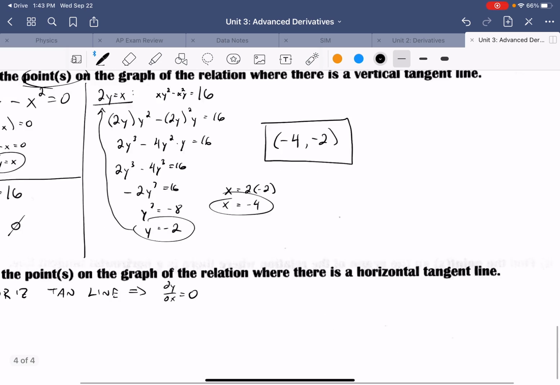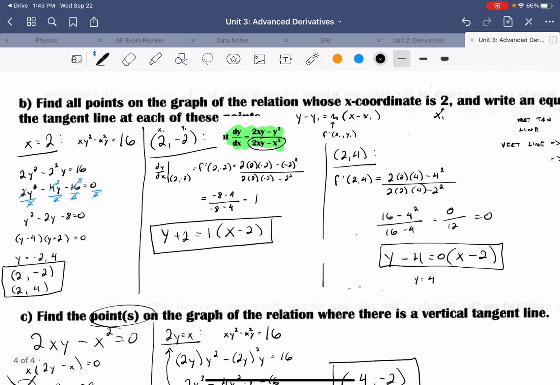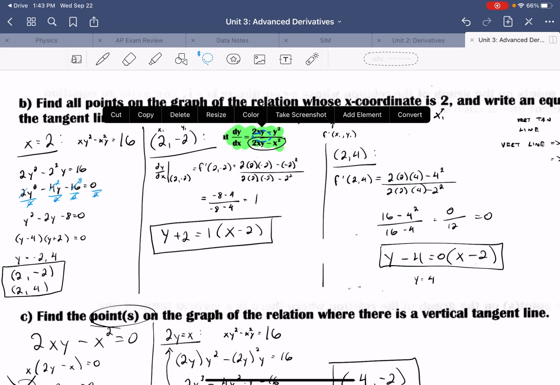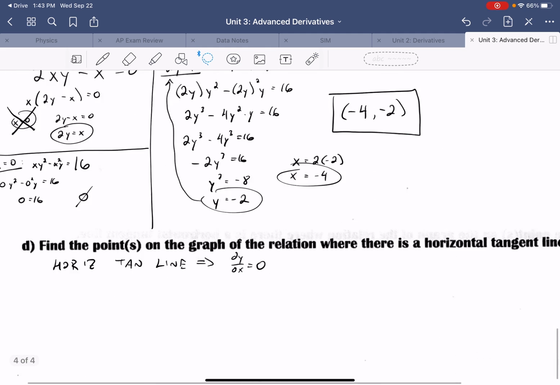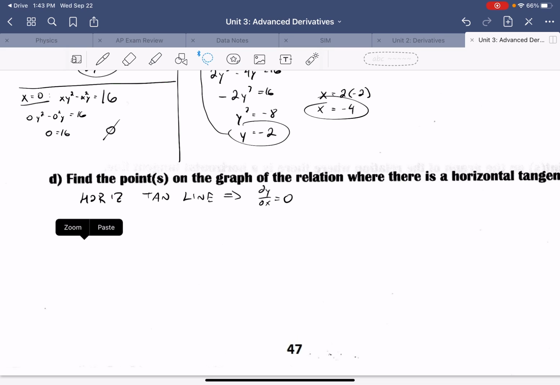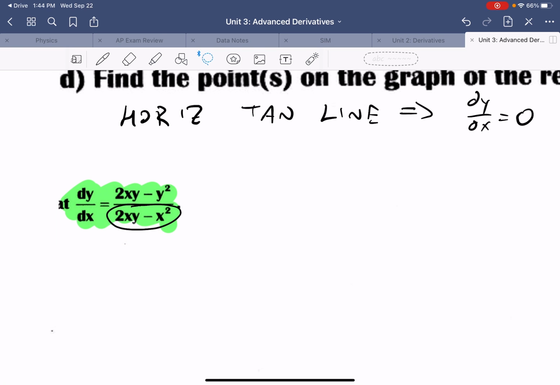So I'm going to take my dy dx, which is here, and I'm just going to set that equal to 0.